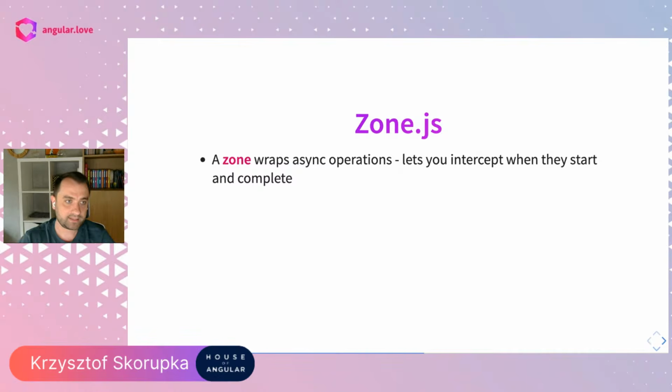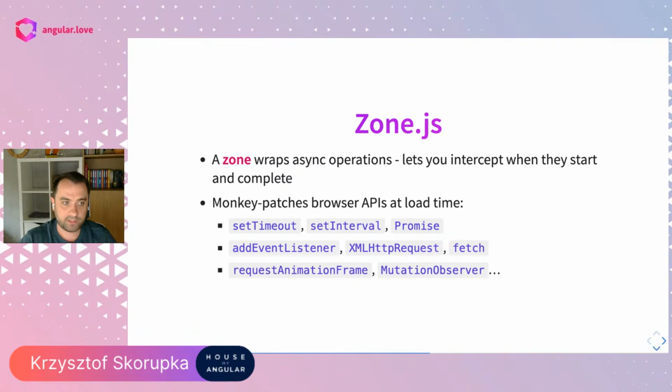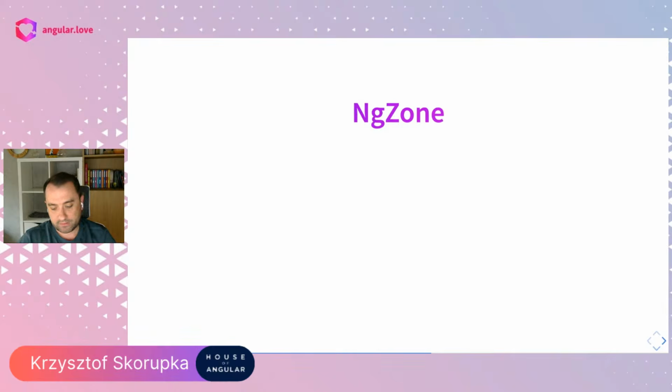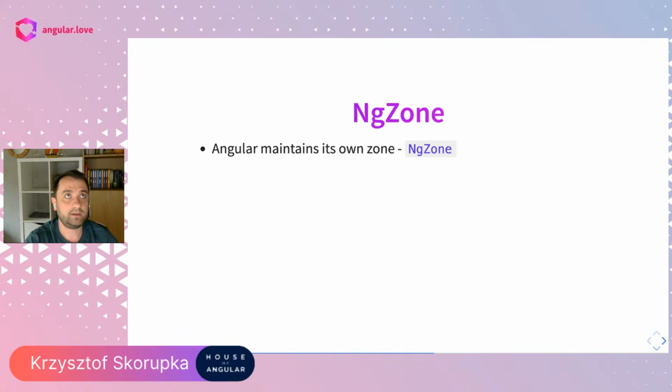So Zone.js, as I said, just wraps some operations. It really lets you intercept when some async operation starts and completes, right? So with that, it patches almost all of the async APIs at load time. It knows when the operation starts and when it ends. And here NgZone comes. It maintains its own zone, and this is really dedicated to Angular.